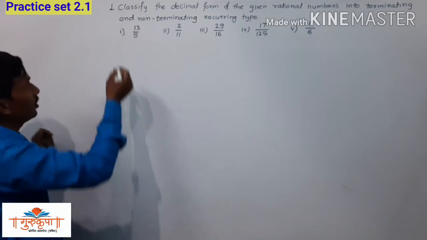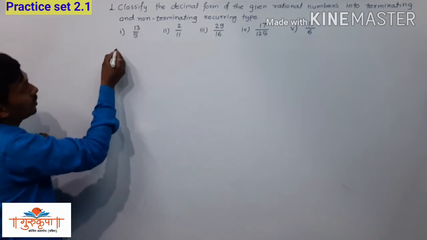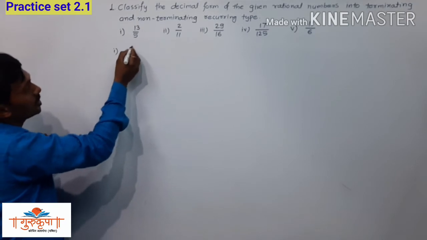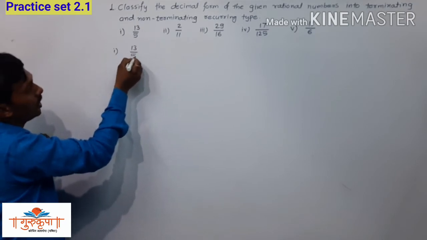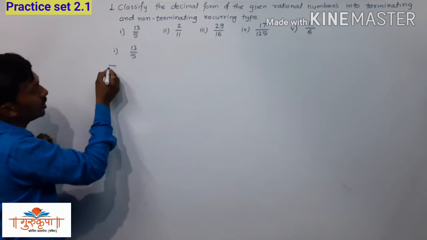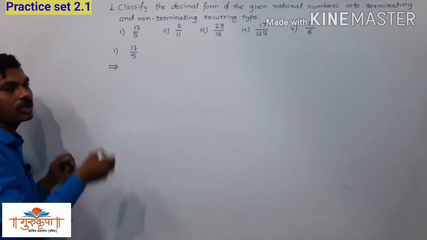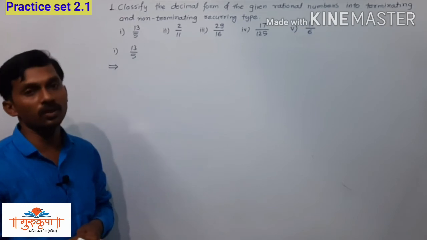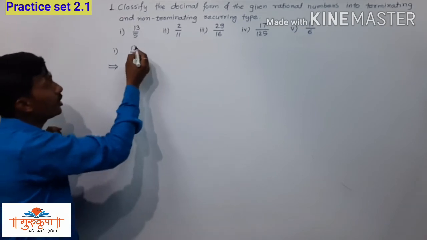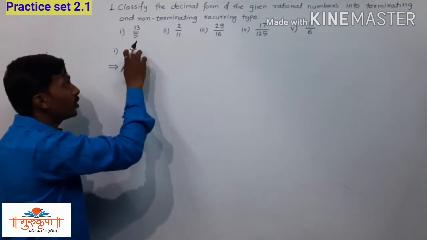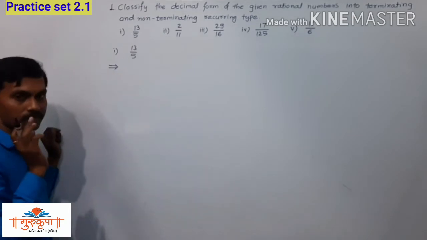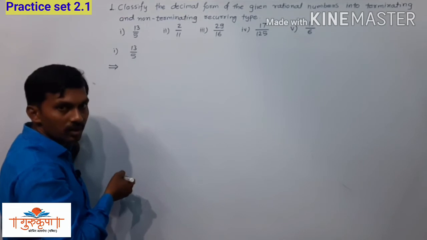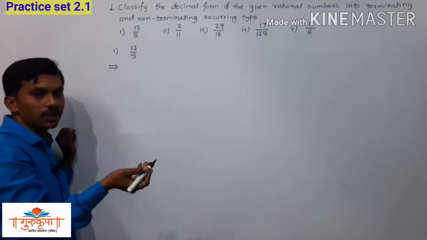So here we have first example, that is the given number is 13 upon 5 and we have to state whether it is terminating decimal form or non-terminating recurring decimal form. Now here 13 is not totally divisible by 5 or exactly divisible by 5. Now we have to apply the trick. What is the trick?